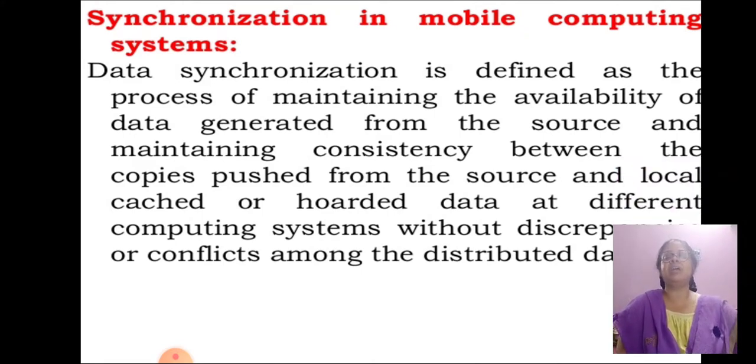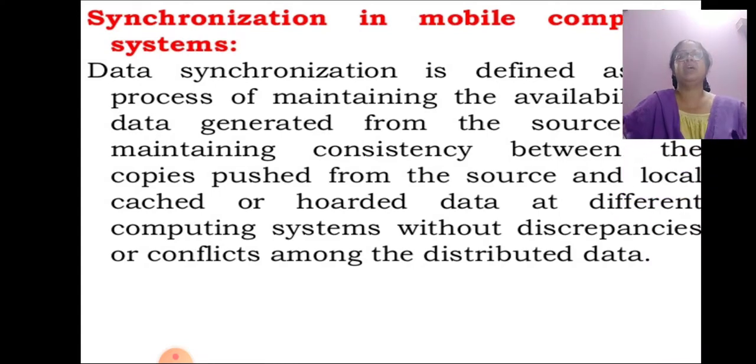Synchronization in mobile computing system. Data synchronization is defined as the process of maintaining the availability of data generated from the source and maintaining consistency between the copies pushed from the source and local cached or hoarded data at different computing systems, without discrepancies or conflict among the distributed data.